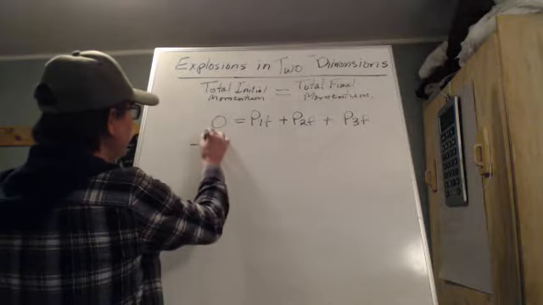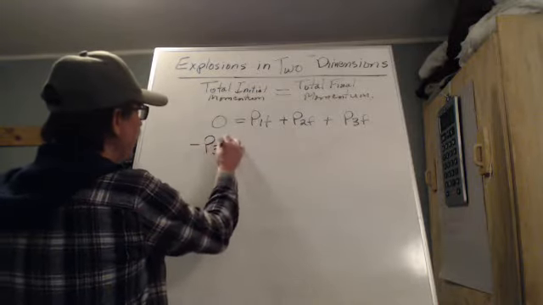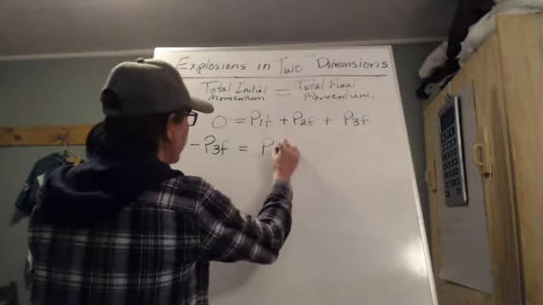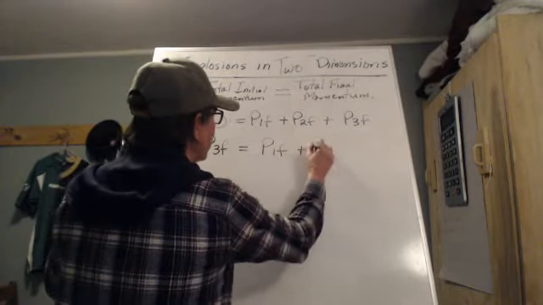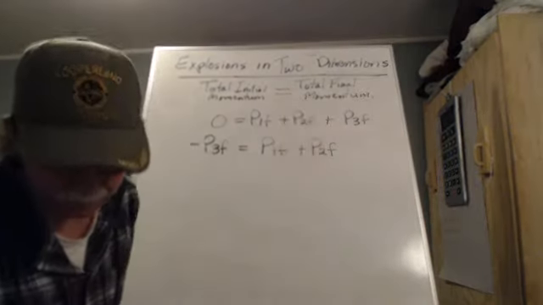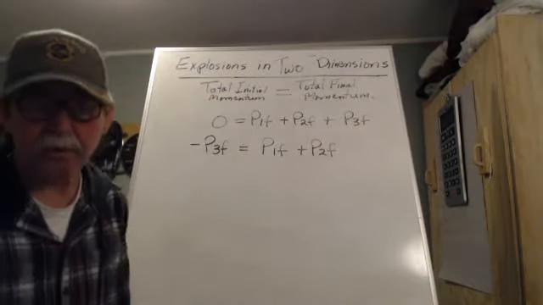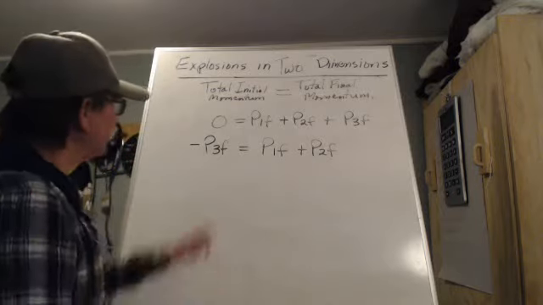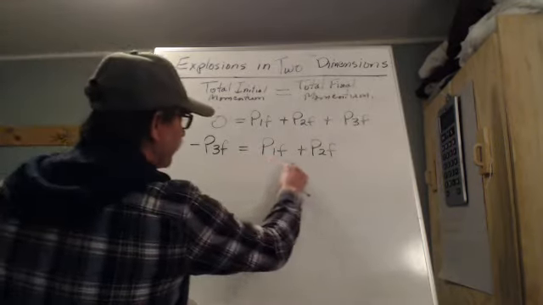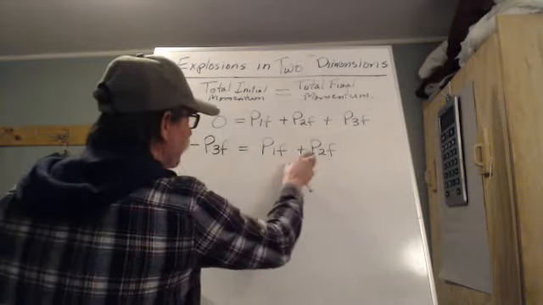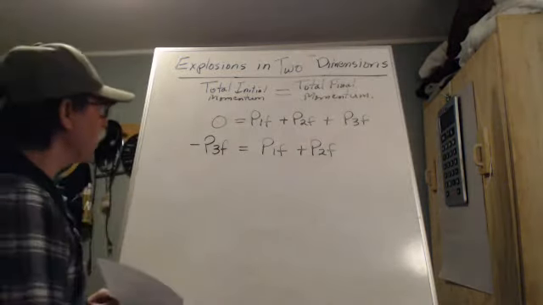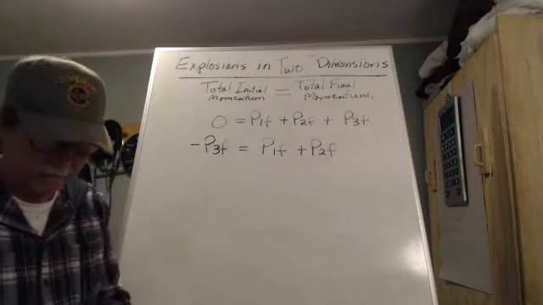Negative P3F is equal to P1F plus P2F. Okay, so that is the fact. And once we get this expression, we just take the opposite, and that will be the momentum of mass number 3.